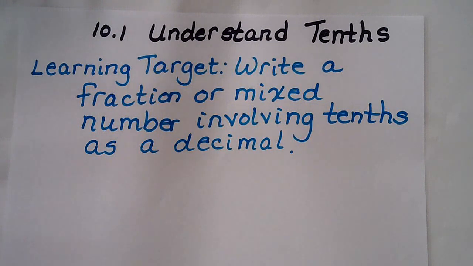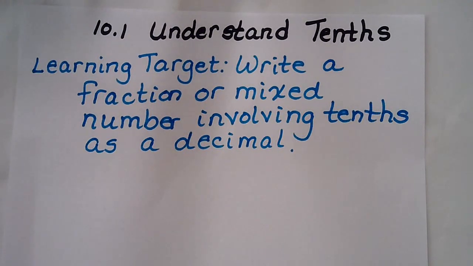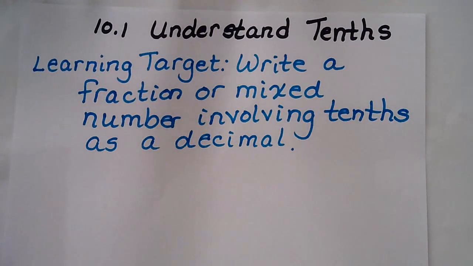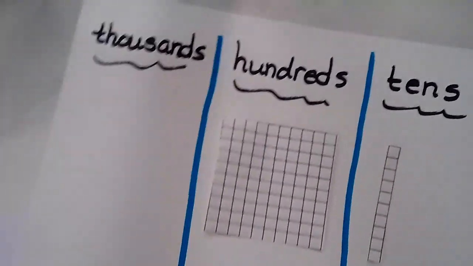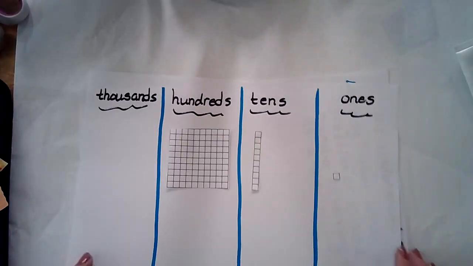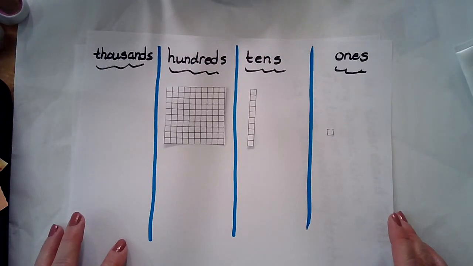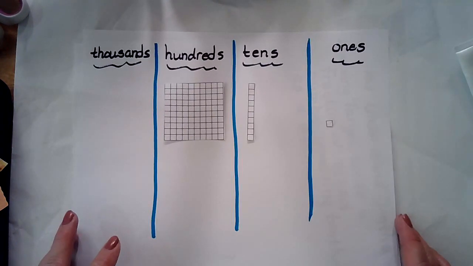To begin, I want to go back and look at a place value chart that you used at the beginning of the year when we first started place value. It should be familiar to you because it's the same place value chart that you used in 3rd grade, 2nd grade, 1st grade, and I think also in kindergarten.